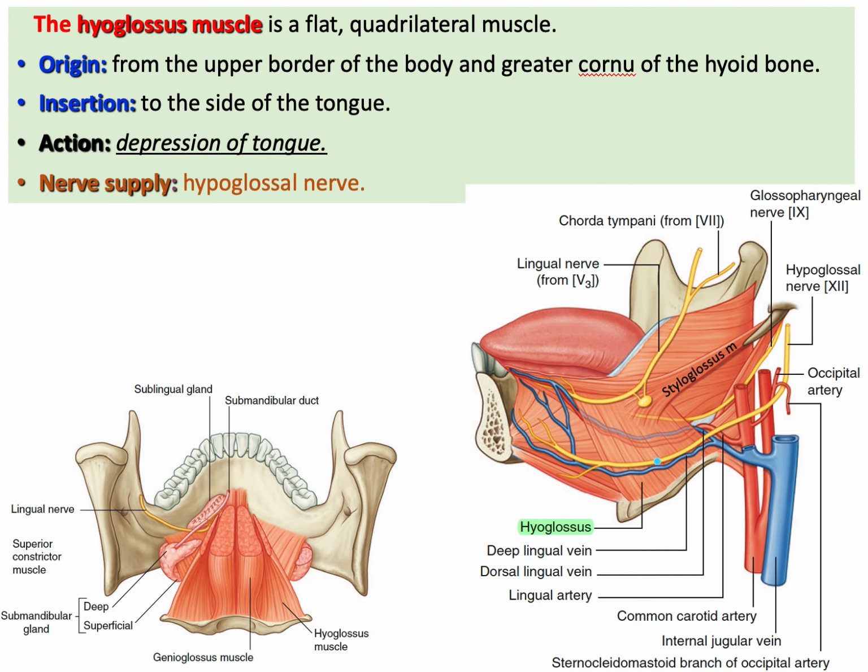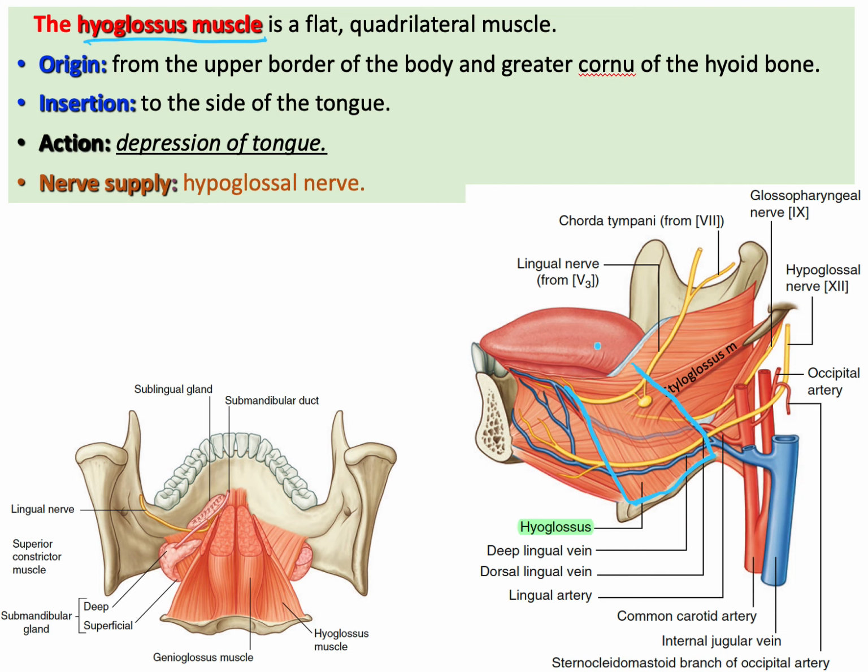Just to remind you, we talked about the hyoglossus muscle in the previous lecture when we talked about the muscles of the tongue. But it's good to reiterate that this muscle originates, guys, from the upper border of the body and the greater horn of hyoid bone, and inserts in the side of the tongue.